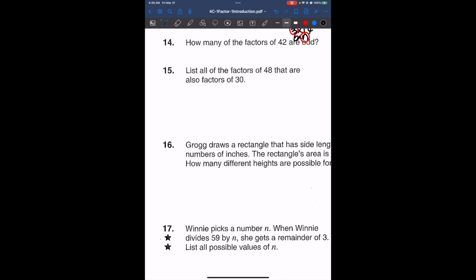So for 48, we have 1 times 48, 2 times 24, 3 times 16, 4 times 12, 6 times 8. For 30, we have 1 times 30, 2 times 15, 3 times 10, and 5 times 6.